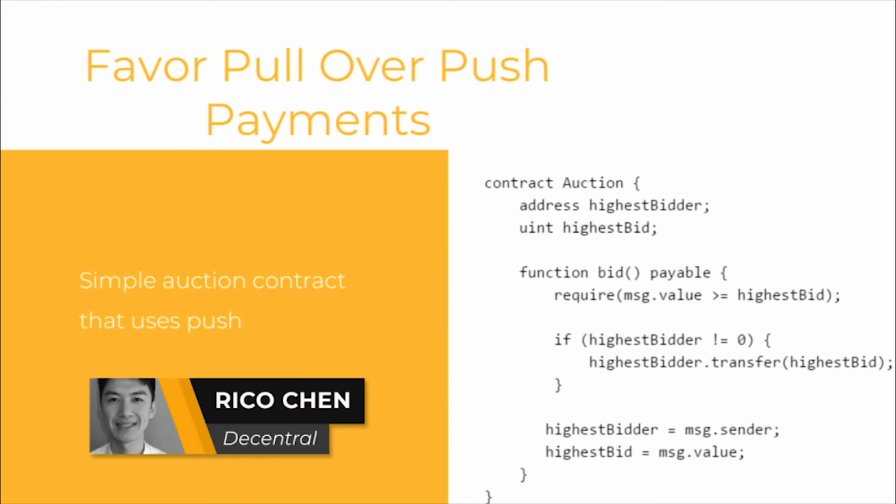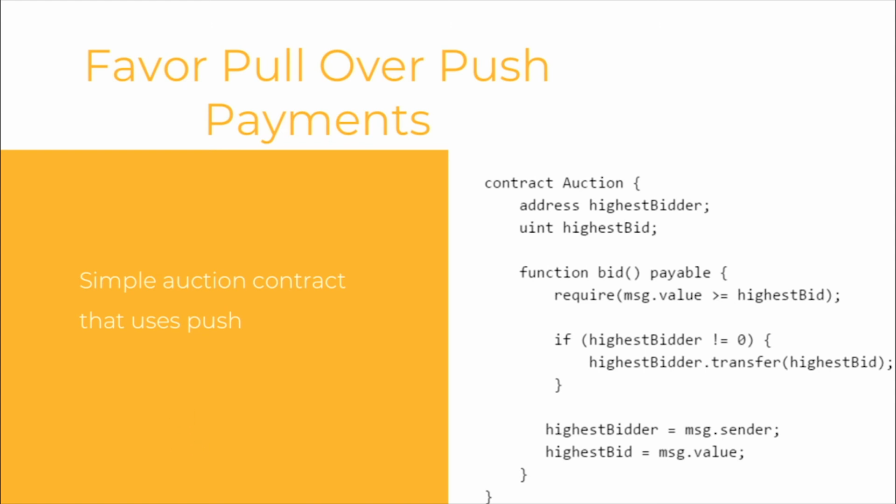Okay, so favor pull over push payments. The problem with push payments is that the push function can stop working because of a denial of service attack, like in this auction contract.